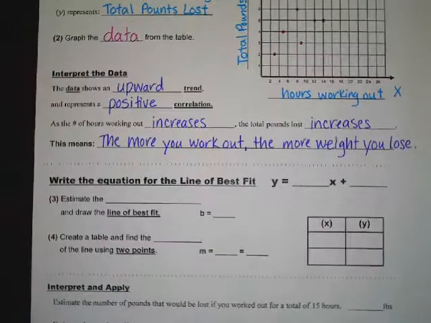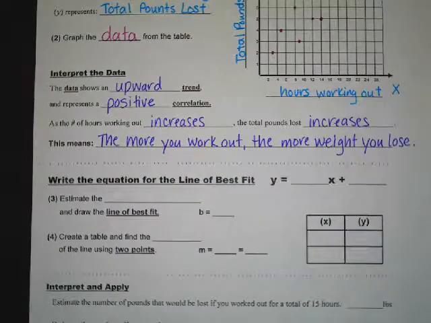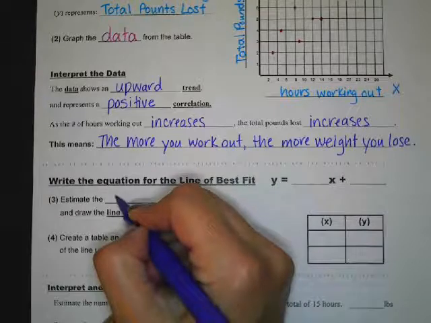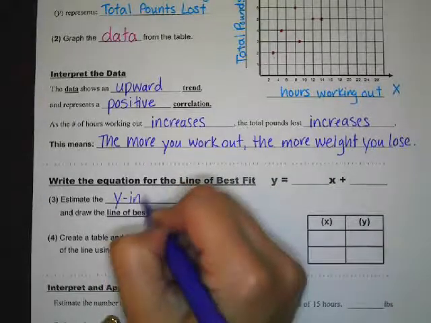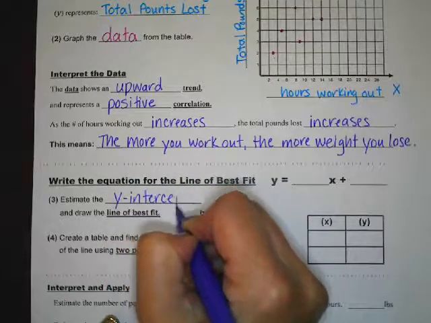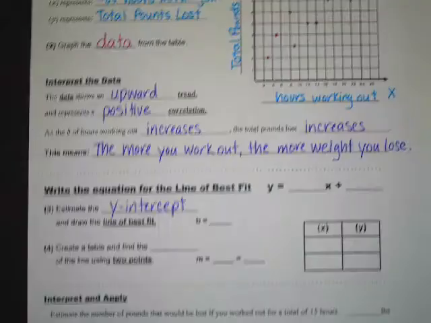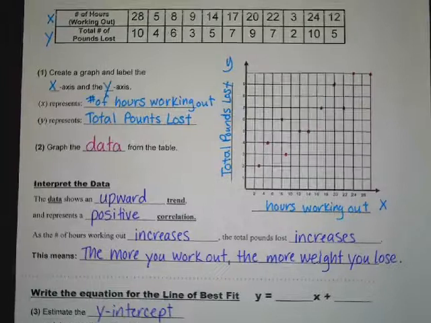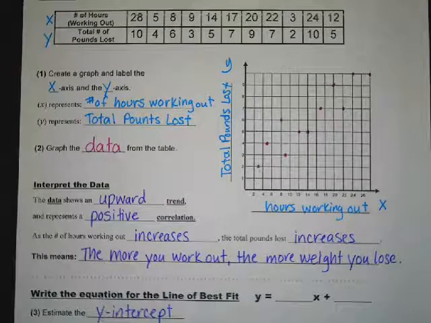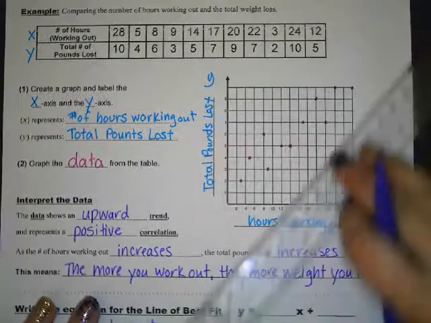So we want to estimate, first step here, estimate the y-intercept and draw the line of best fit. Okay, so let's look at our graph. Again, I'm going to take my ruler and I need to find an estimate.